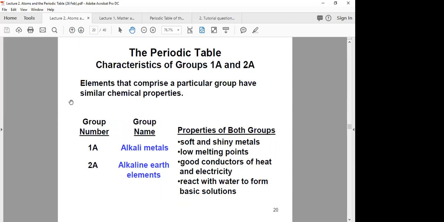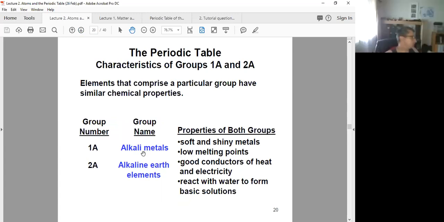All right, let's look at some more groupings on the periodic table. All the elements found in group 1A, so remember that's the first column on the left-hand side. All the elements here are called alkali metals, with one exception. What's the exception to the metals rule? Hydrogen. Hydrogen, correct.